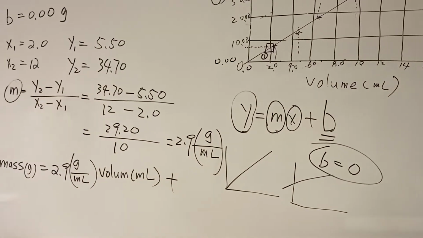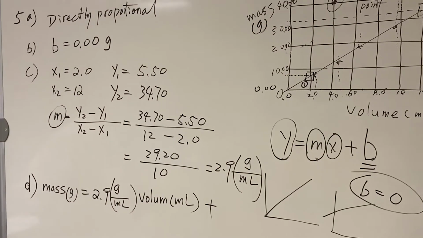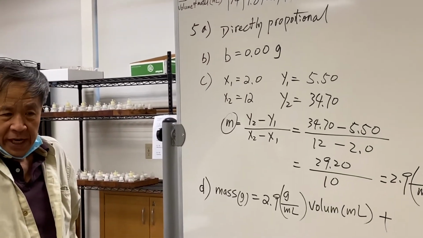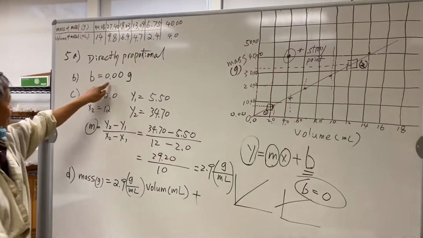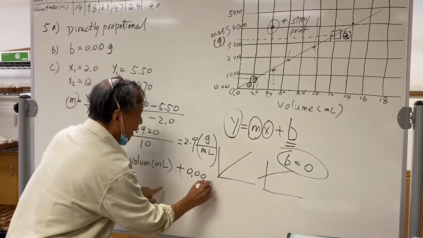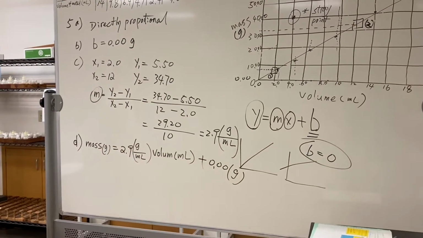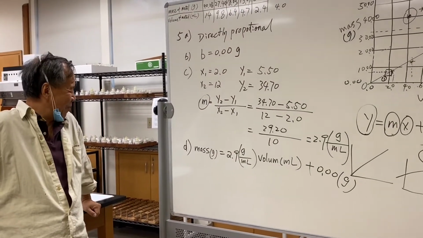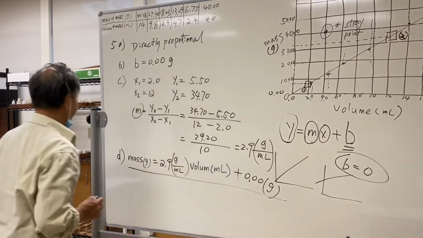Lots of you want to follow exactly the mass equation. That's fine. However, I will take points off if you don't do it correctly. If you write 0.00, I will take points off. However, if you write 0.00 gram, I will give you all the credit. So now we have finished our 5D.